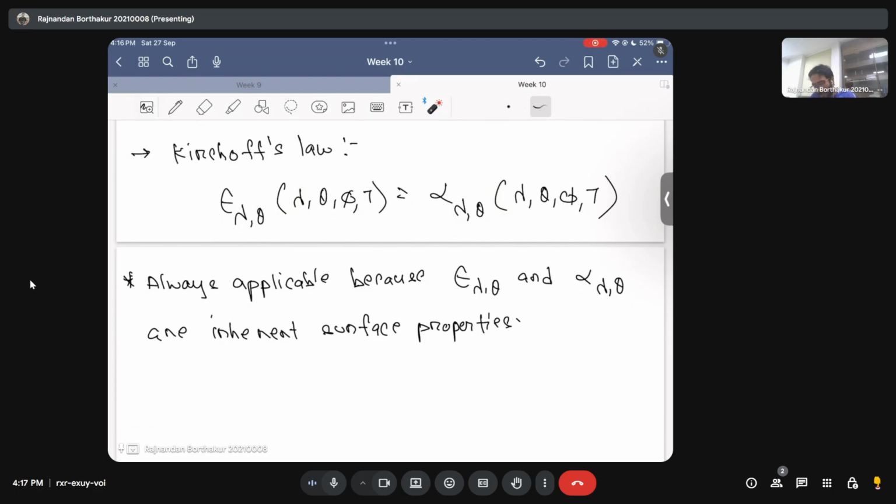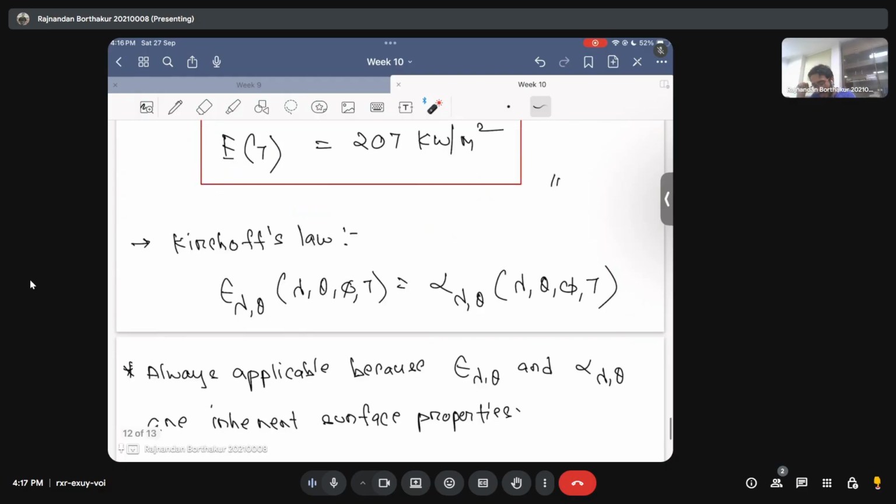Okay, and according to this law, the spectral directional emissivity is equal to the spectral directional absorptivity. But this law doesn't say that epsilon lambda is equal to alpha lambda. This is not applicable in general, because now I have neglected the direction. But for a diffuse body, you can say that epsilon lambda is equal to alpha lambda, because for a diffuse body the properties are independent of direction.